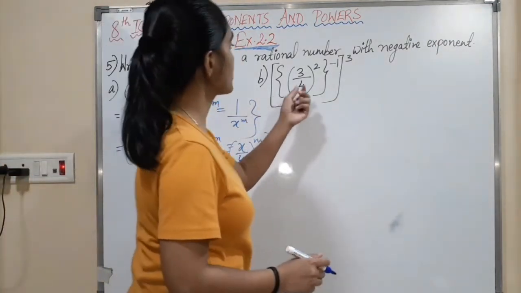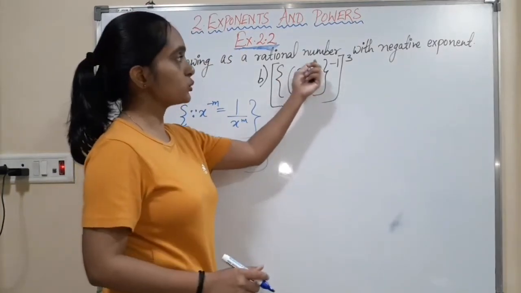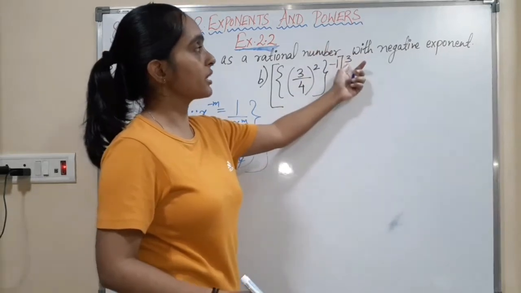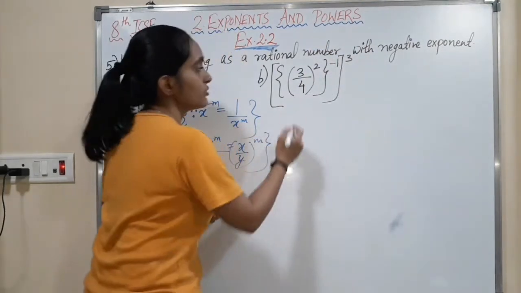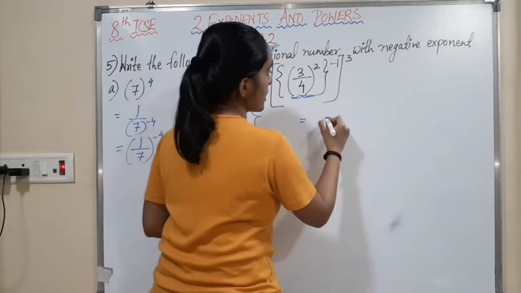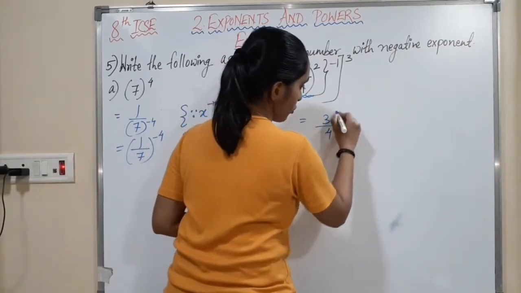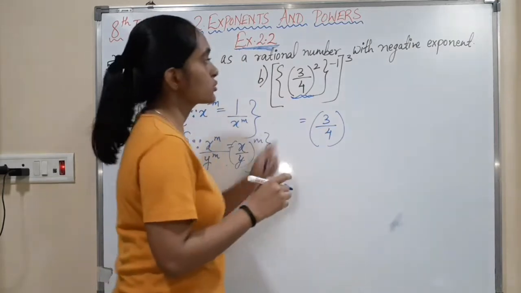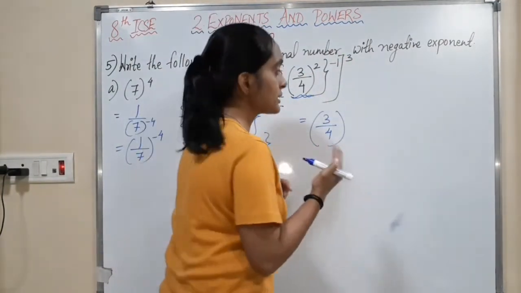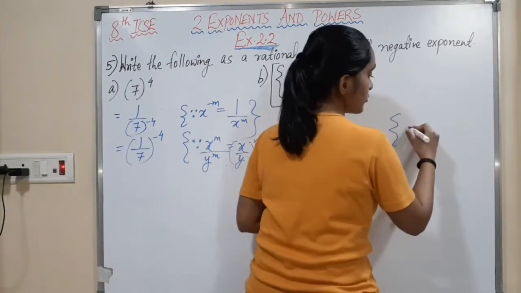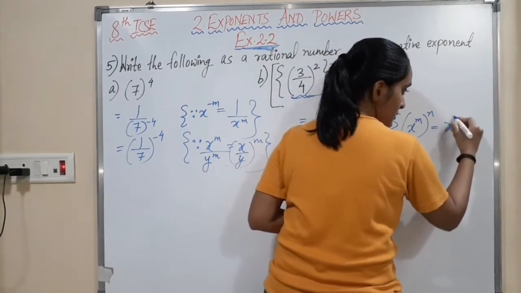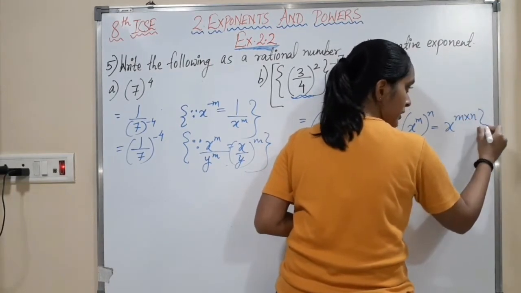Now the second question is 3 upon 4 raised to 2, which is raised to minus 1 and then it is again raised to 3. So first we will solve the innermost bracket. So you will get 3 upon 4 raised to what? 2 raised to minus 1. So we had already studied one law, that is if you have x raised to m which is raised to n, it is x raised to m multiplied by n.